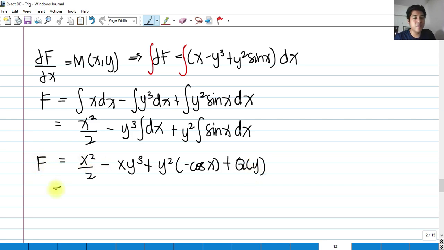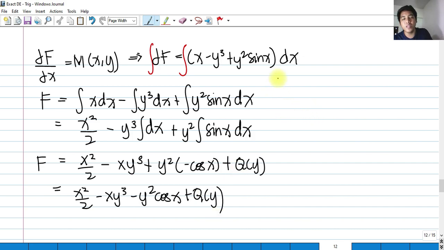So we have x squared over 2 minus xy cubed plus, or I'm sorry, minus, that should be minus y squared cosine of x plus q of y. Okay, that's our first f.